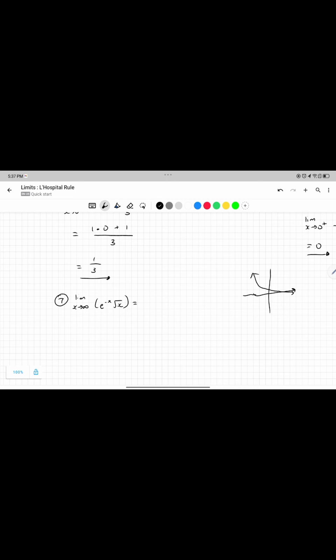Okay, let me just draw it properly. Right. And then we have our root x function, which is something like this.